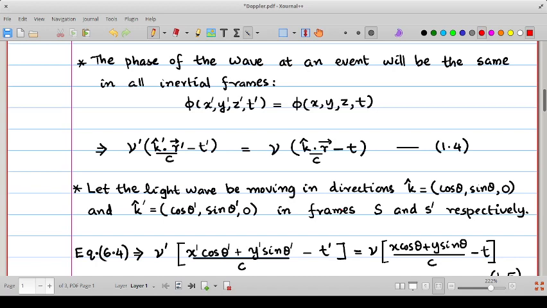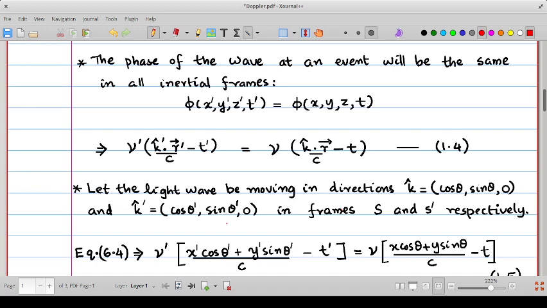Since the frame S dash is only moving along the x-axis with some velocity v, we can see that in the frame S dash as well, the wave vector k dash lies in the xy plane.